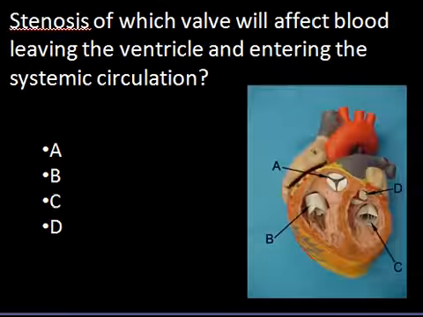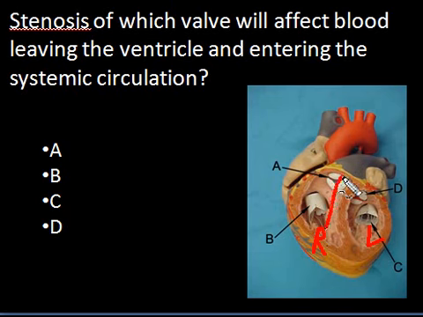Let's look at the next question, which asks you that stenosis of which valve will affect blood leaving the ventricle and entering the systemic circulation. So here you must know that when blood leaves the ventricles, which circulation does it go into? So when blood leaves the right ventricle, so this is the right ventricle and this is the left ventricle, it goes into the pulmonary artery to the lungs.